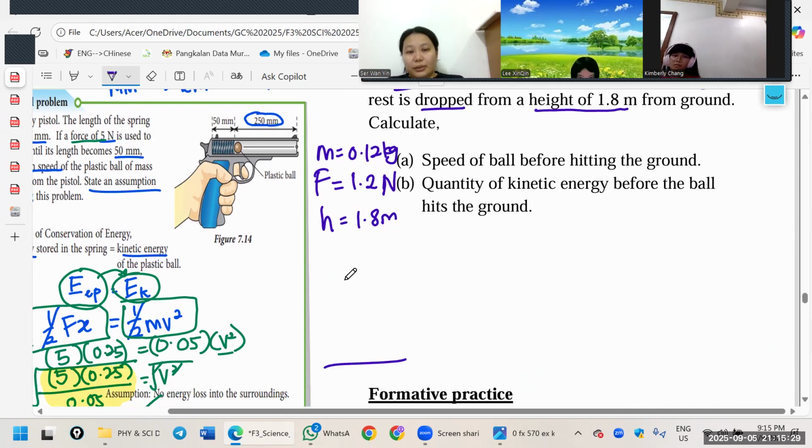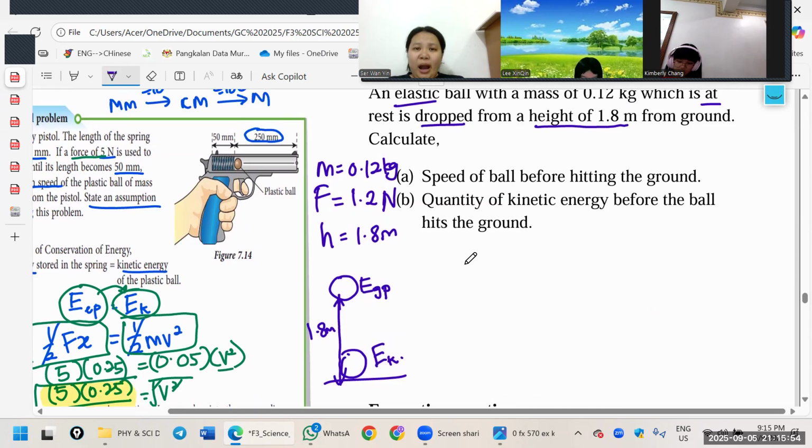So means in the beginning, this ball has gravitational potential energy. And when it drops with the height 1.8 meter, it will change into kinetic energy. So for you, what should you do? What is the speed of the ball? Which formula has the speed of the ball? Kinetic energy.